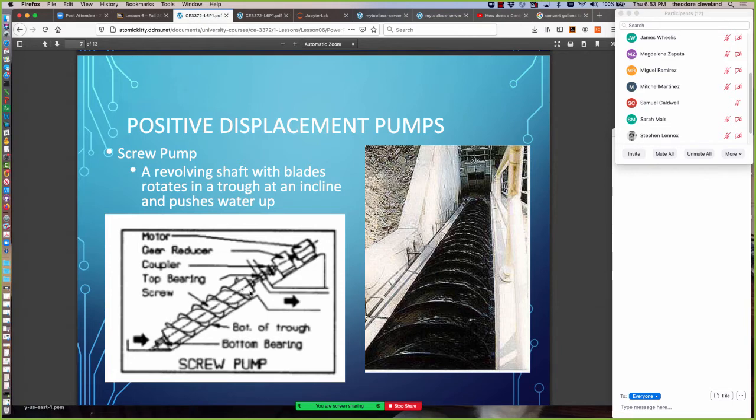Another variation of this design is, instead of the flights or screws being on the outside of a rotating shaft, we take a hollow shaft and put them on the inside. There are certain mechanical advantages in terms of both the thrust bearing and the operational range for the pump, but they work identically. Then when the water is lifted up to the discharge side, it enters the discharge trough and goes along its merry way.